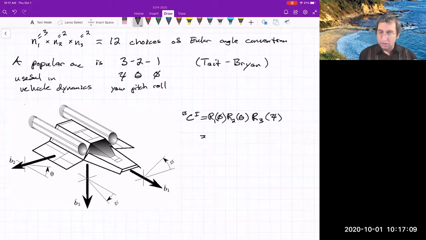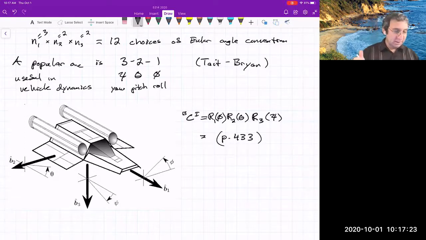If you want to see what the matrix multiplication looks like, look at page 433 of the book. I'm not going to write a bunch of sines and cosines.